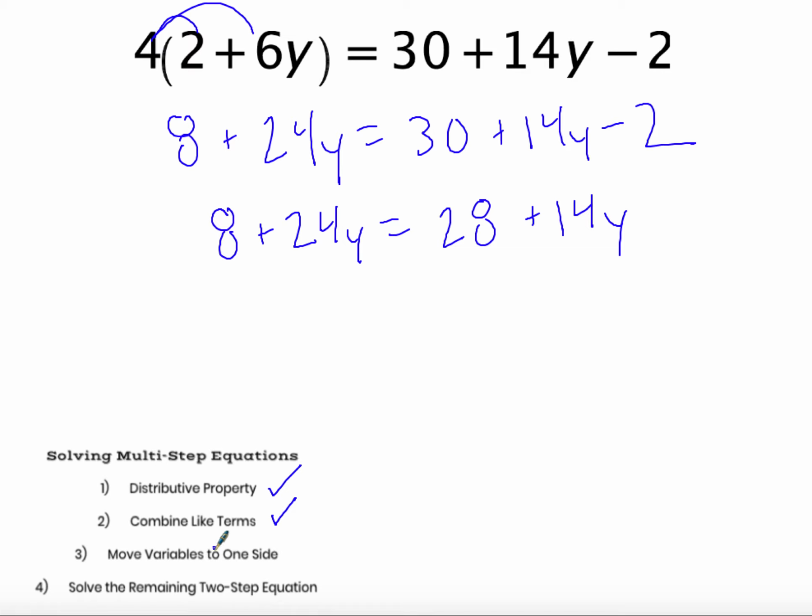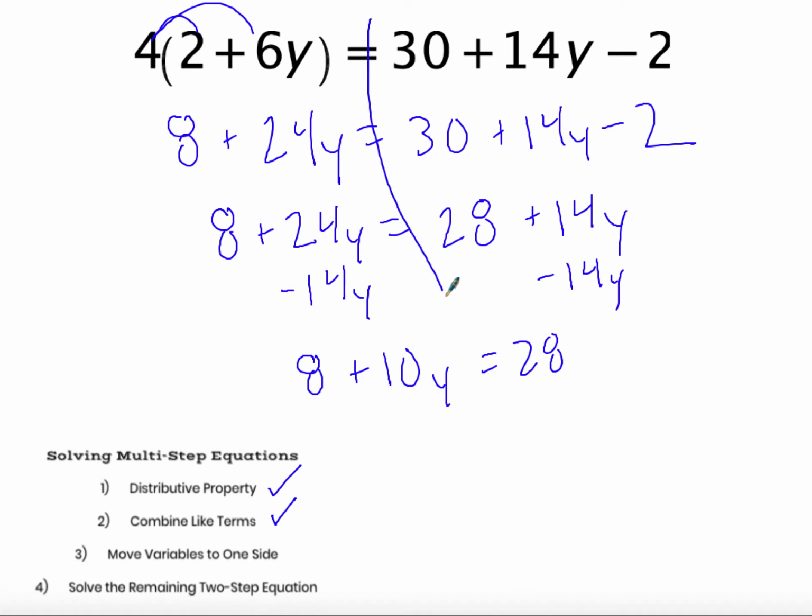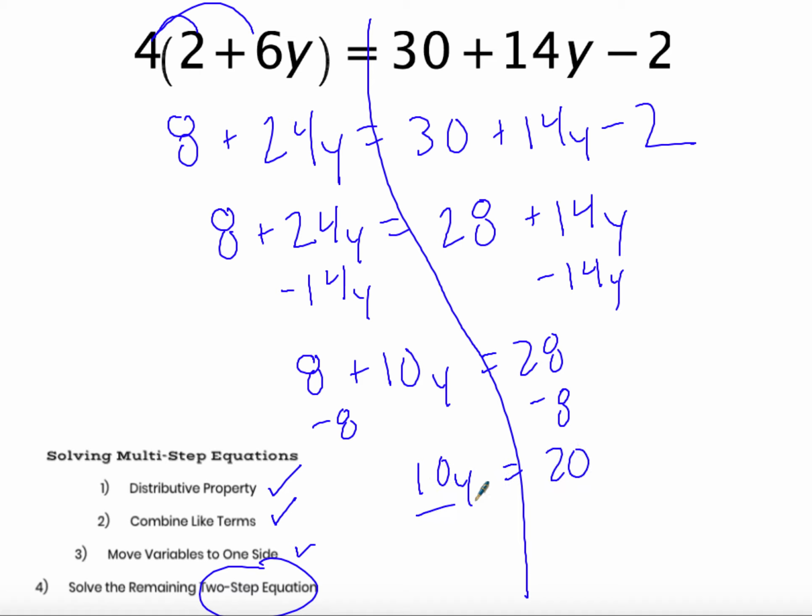Okay, yay, variables on both sides. I need to subtract the smaller variable, so I'm subtracting 14y from both sides. That leaves me with 8 plus 10y equals 28. And then I have a two-step equation. Hooray! Minus 8 minus 8, 10y equals 20. Dividing by 10, y just equals 2.